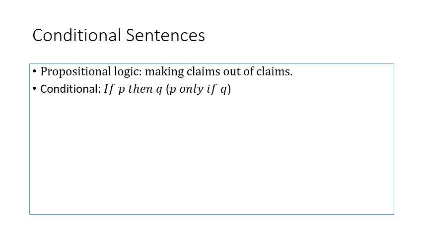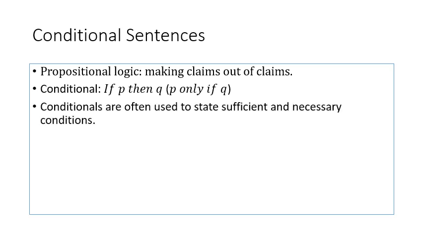So conditionals are typically written in one of 2 ways. You either write it if P then Q to focus in on the P, or P only if Q, but either way it's the same sentence.